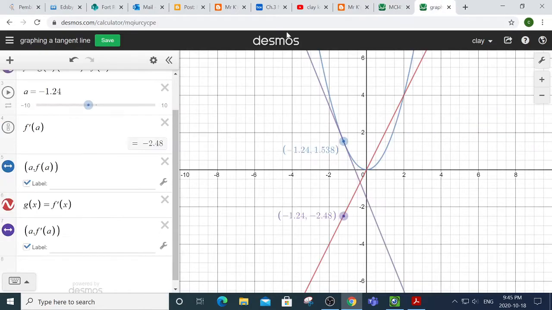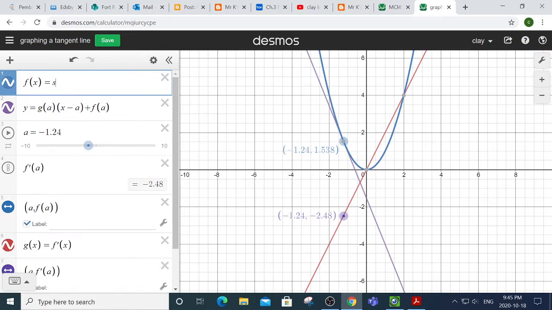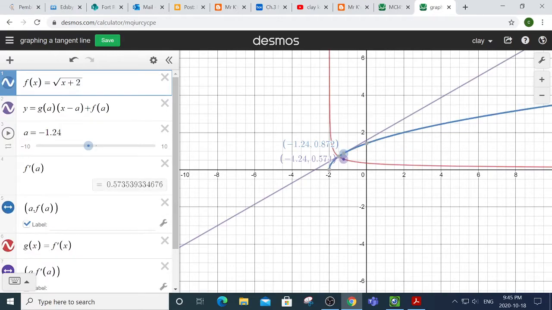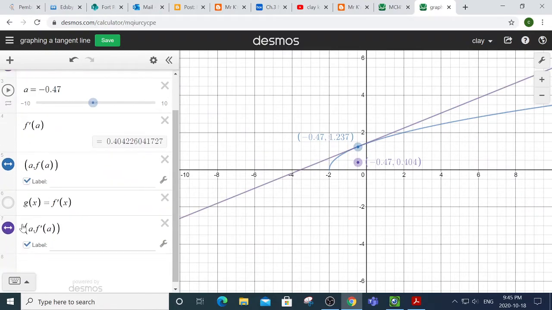Actually, let's go to the other one. Let's get rid of all these guys. Let's get rid of this. And let's make it the square root of x plus 2. Okay, so, oh, I didn't want you to see that yet. Sorry. Okay, so as the slope moves along here, oh, and that point there isn't right anymore. Oh, wait, that's not what I wanted to get rid of. Where's that point?